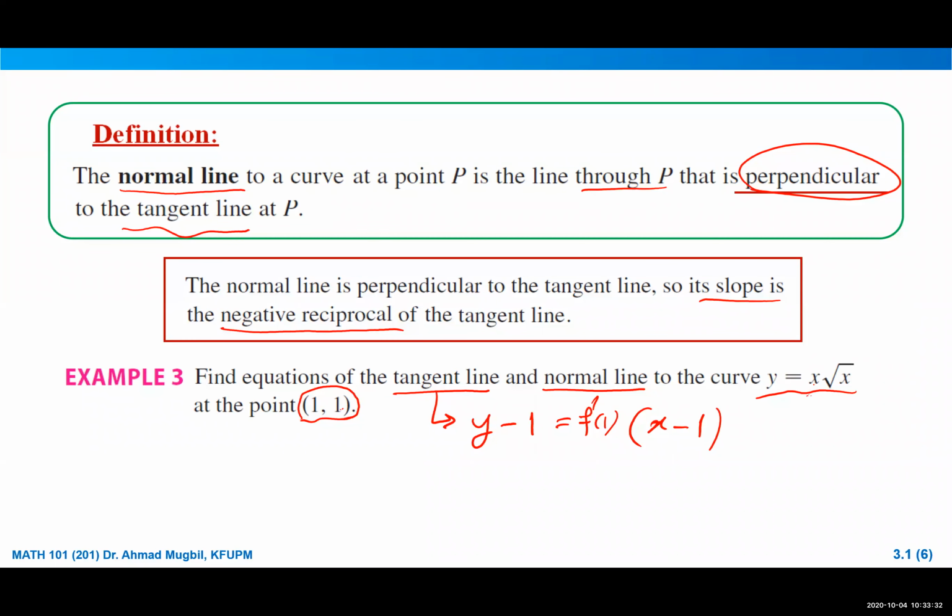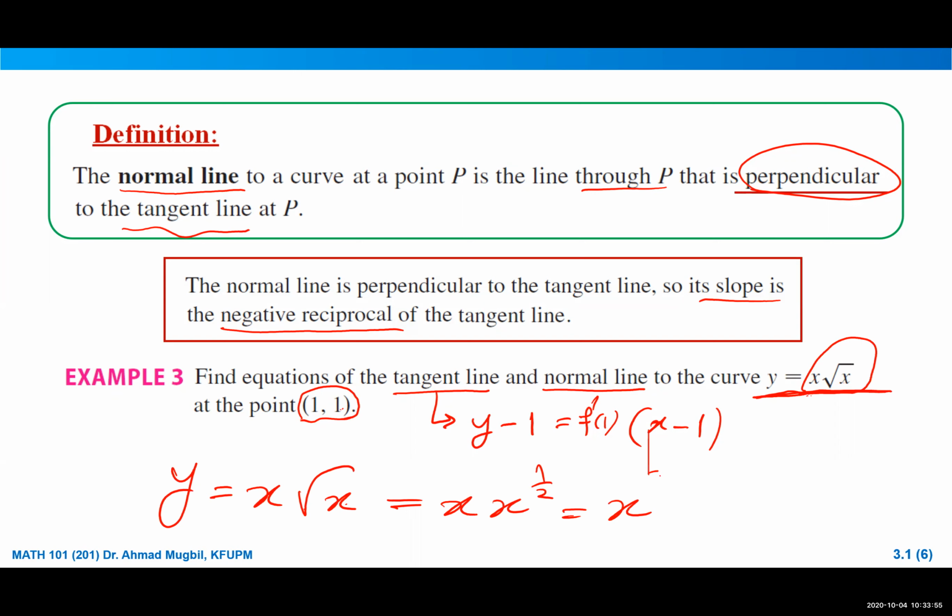It is x times the square root of x. You can use the product rule, but we didn't study the product rule yet. It is easier to rewrite your function at the beginning. The square root of x is x to the power of a half, so it will be x to the power of a half plus 1, which is 3 over 2.